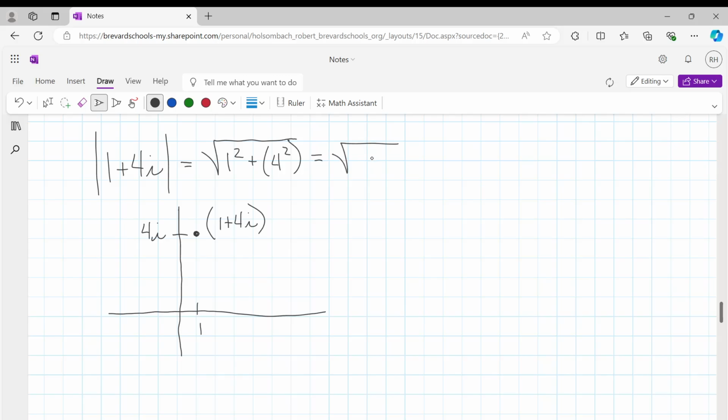So we get the square root of 1 plus 16, which is the square root of 17. So plotted version on the coordinate plane, absolute value version by squaring the real and then adding it to the square of the number in front of the imaginary unit.